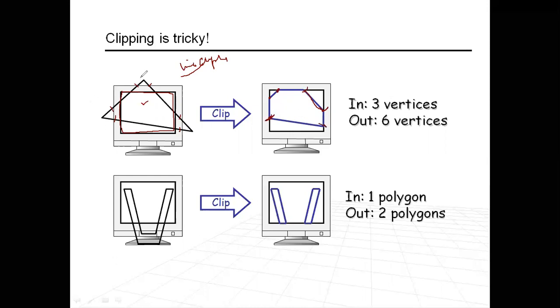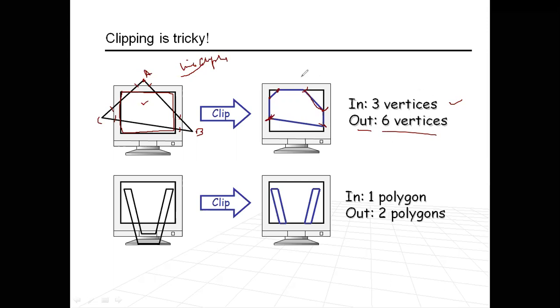Here you can see there were two edges, three vertices, A, B, and C, whereas after clipping the number of vertices has increased. The vertices were 3 and the outward vertices are 6. So the vertices may also get increased after clipping.